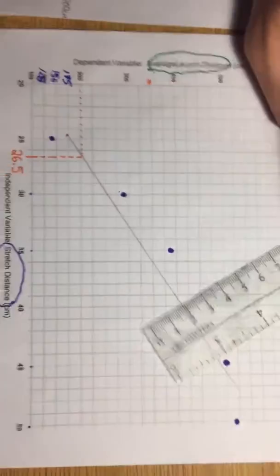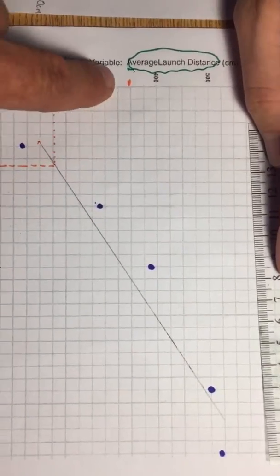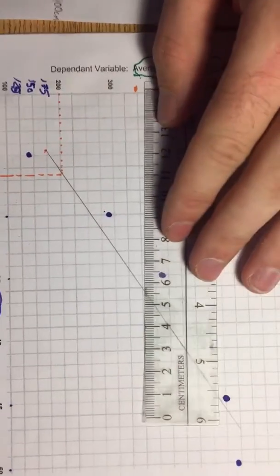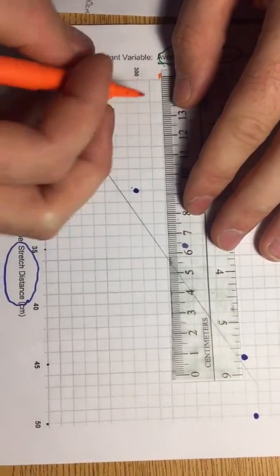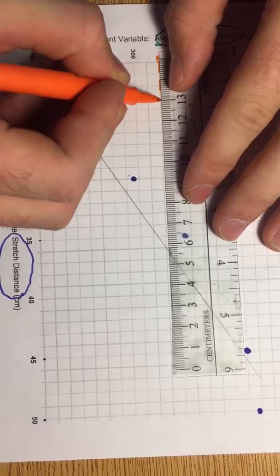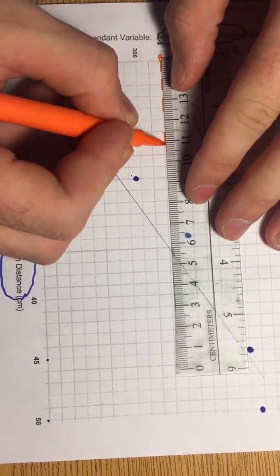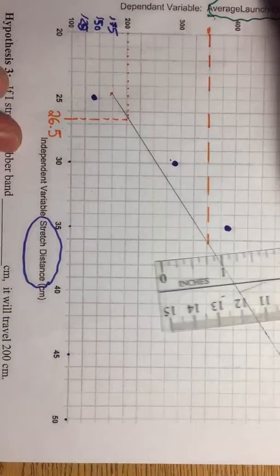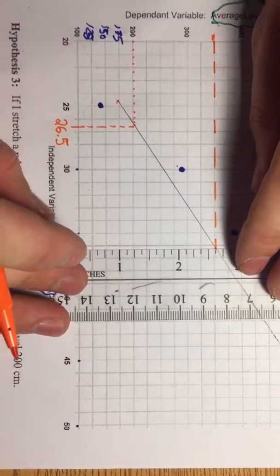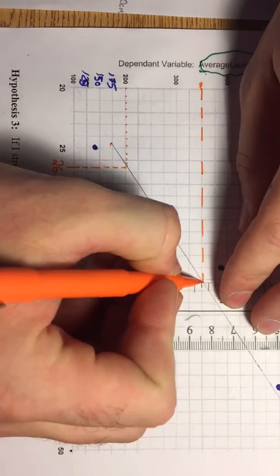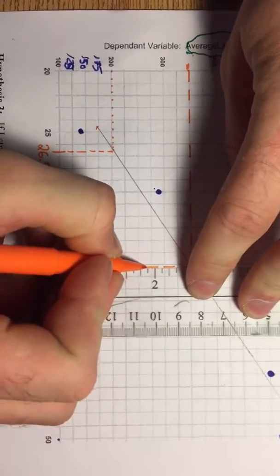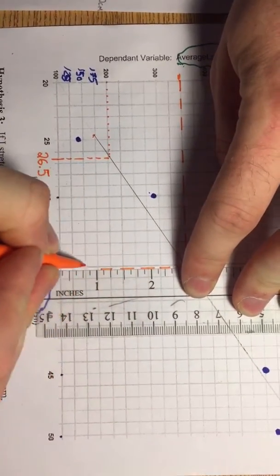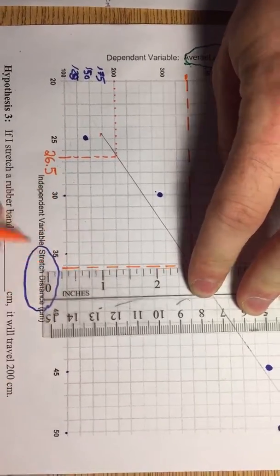Now let's say I ask you to shoot it, say, if I wanted to have you shoot at 350. So we'd have to find 350 on the graph, and we're going to do again a dotted line over to our line of best fit. And then we're going to go down to our pullback. We're going to again try to make that a perpendicular or straight line down to the x-axis.